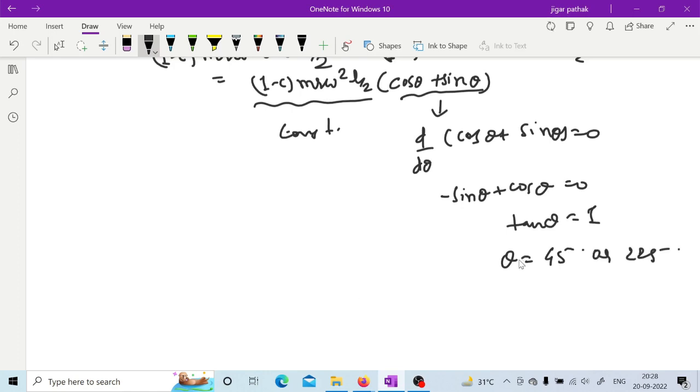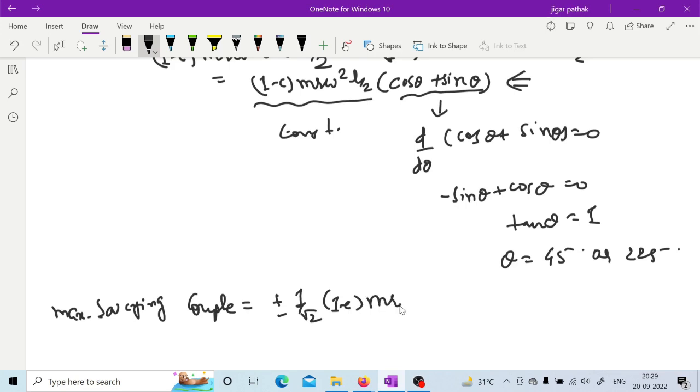So when you put theta equal to 45 or 225 into this main equation of swaying couple, the maximum swaying couple will be equal to plus or minus 1 by root 2 (1 minus c) m r omega square L. So this is how you can have the maximum swaying couple and maximum variation in tractive effort and hammer blow in case of locomotive, right?